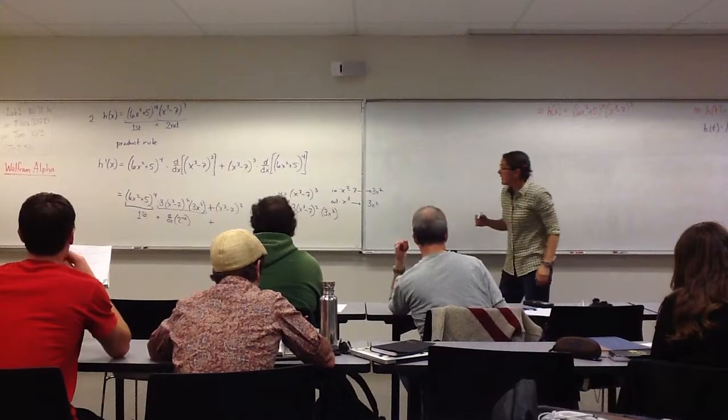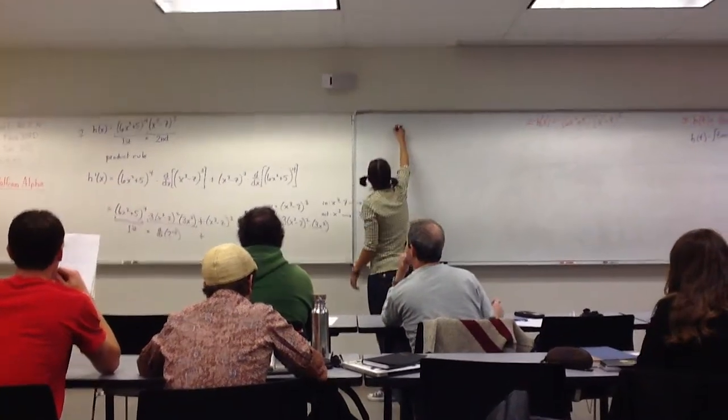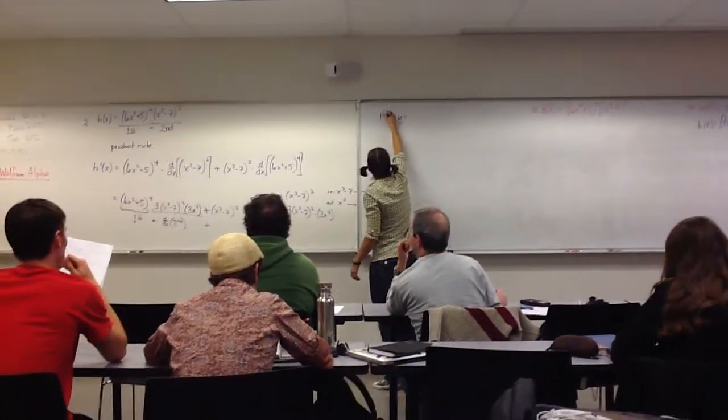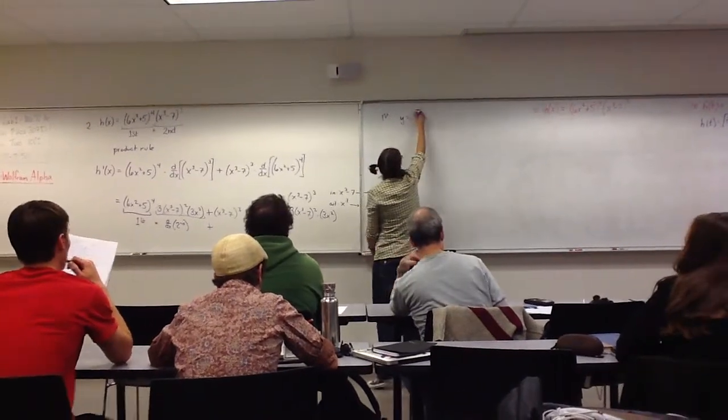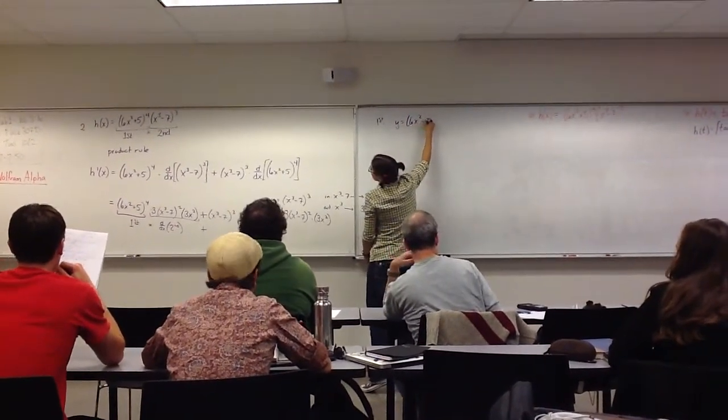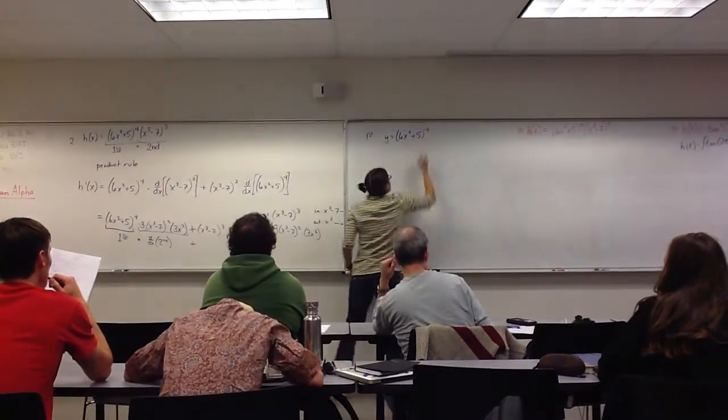All right, and so our first was y is equal to 6x squared plus 5 raised to the 4th.